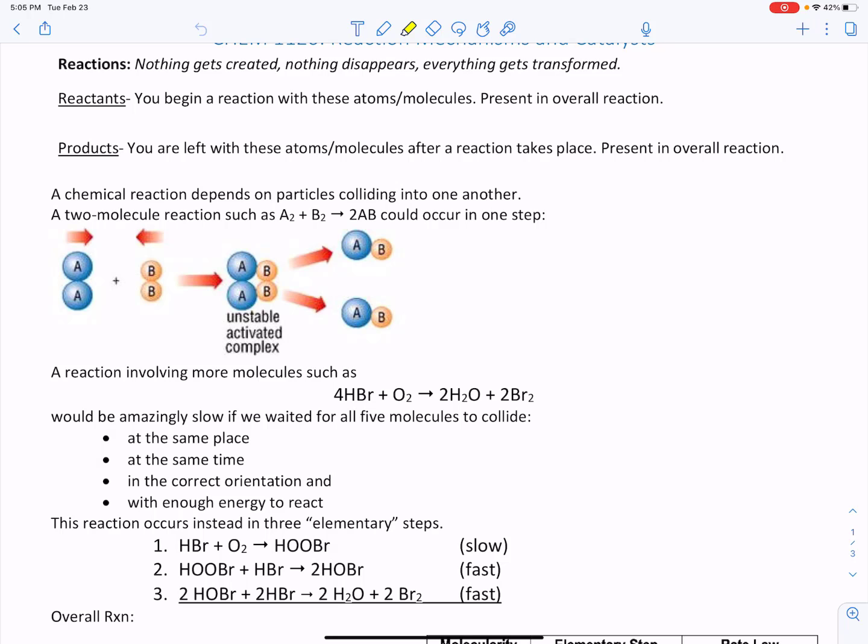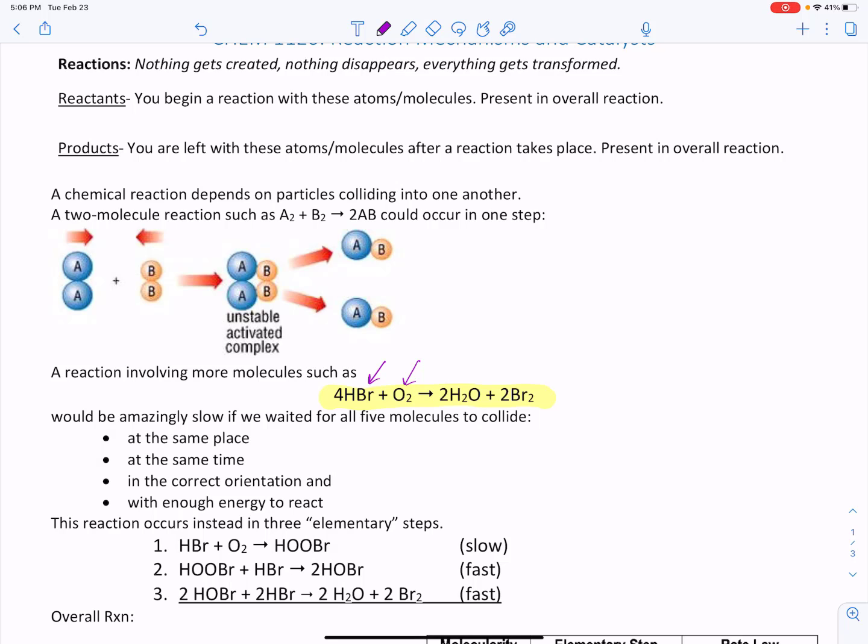What I want you to think about is if we have this reaction right here, what has to happen in order for this to occur? Well, you can see that you need 4 hydrogen bromide molecules and you need 1 oxygen molecule.